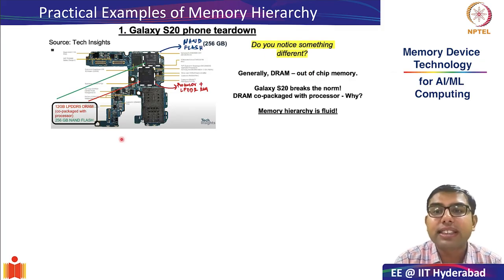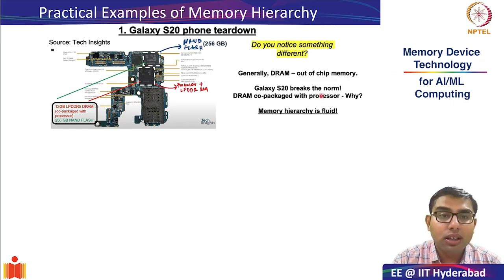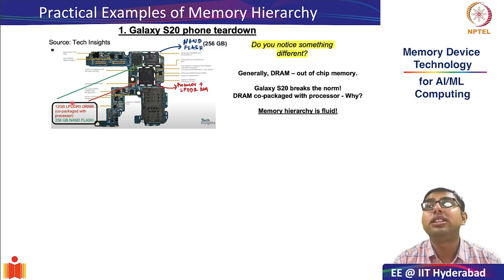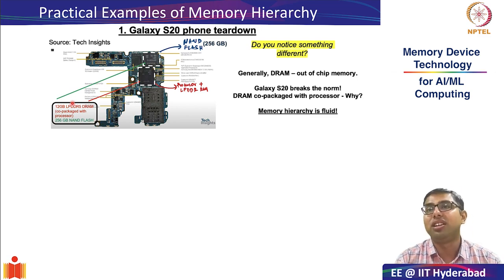However, your Samsung Galaxy S20 breaks this paradigm by co-packaging your main memory, which is your DRAM, with the processor. And how is it done? This is done through this very interesting concept of heterogeneous integration.